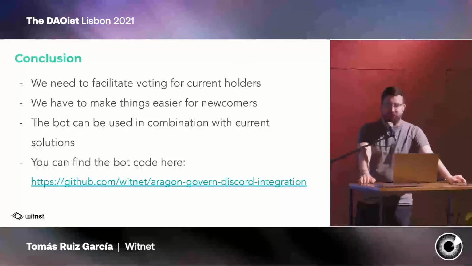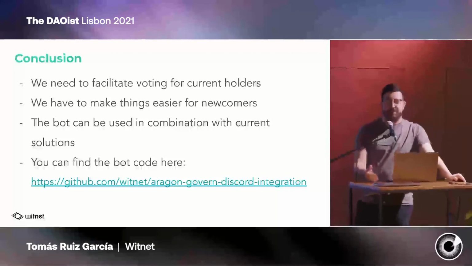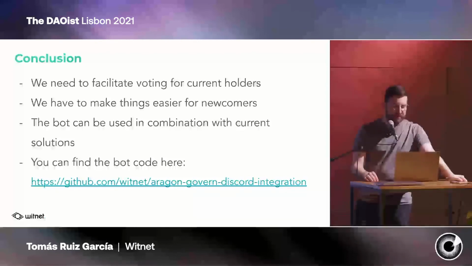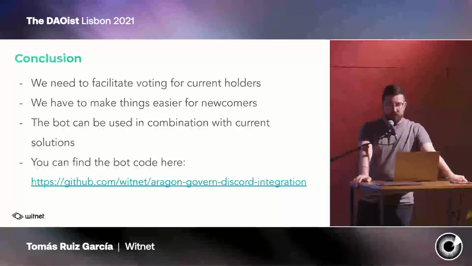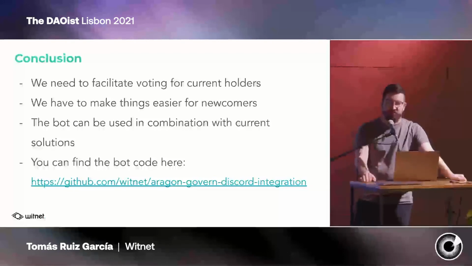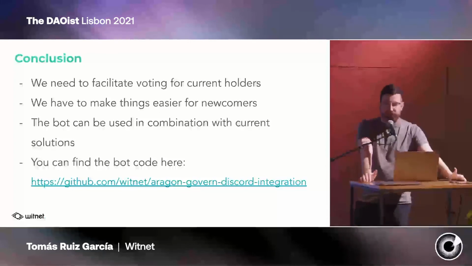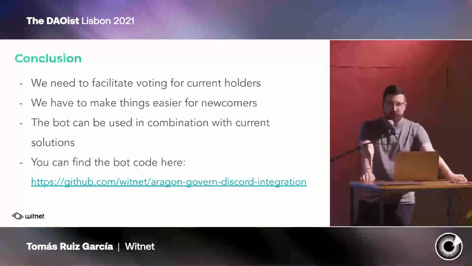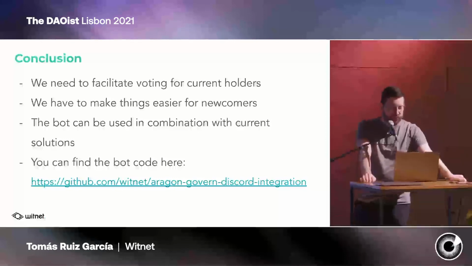We have to engage more people or more communities to bring them into the ecosystem, and we have to make things easier for them. And of course, as I have said, the solution is meant to be used with other solutions such as Snapshot or even a custom solution. And if you are interested in the bot and you want to learn more or try to use it, you can find the code just below.